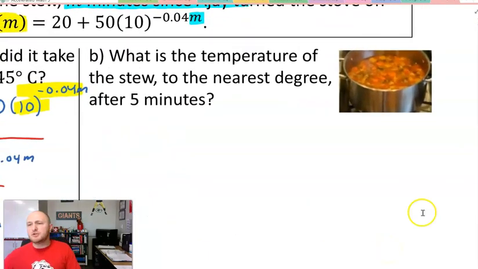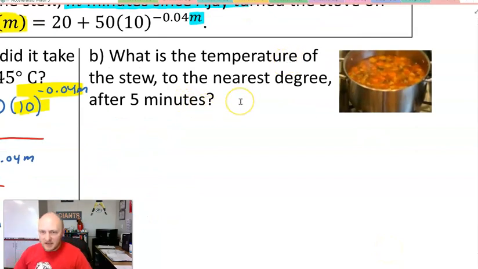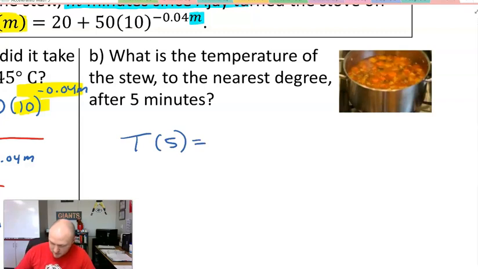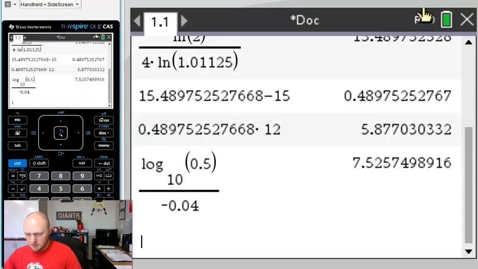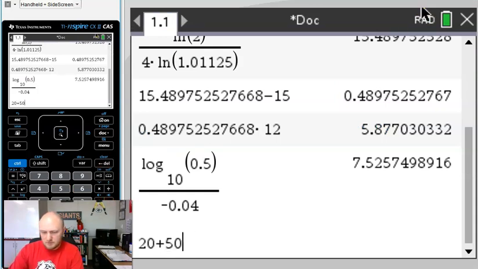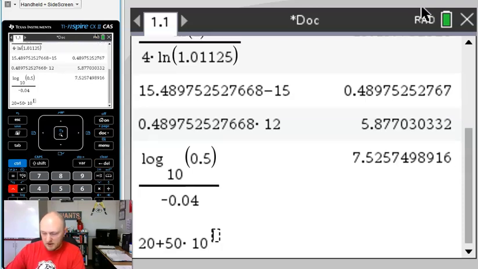What is the temperature of the stew to the nearest degree after 5 minutes? Well, hey, all I'm going to do is evaluate at 5. That's pretty straightforward. So 20 plus 50 times 10 to the power of negative 0.04 times 5. So we'll go to our calculator and plug this in.